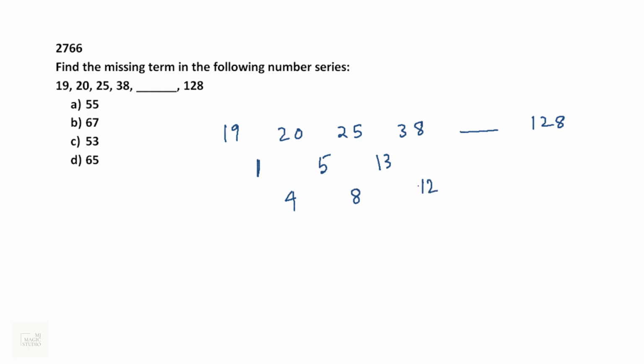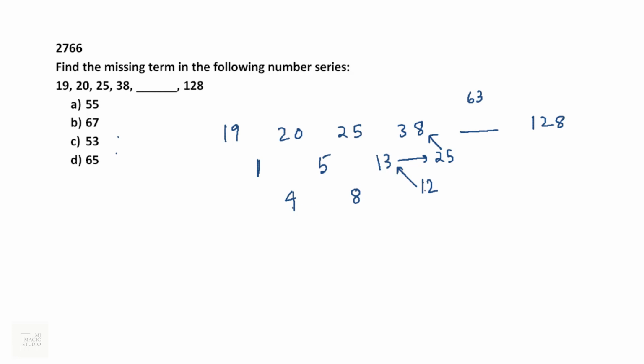So if I put difference 12 here, 12 plus 13 would be 25. 25 and 38 is 63, but 63 is not in any one of the options. No sir, but 63 is not there.